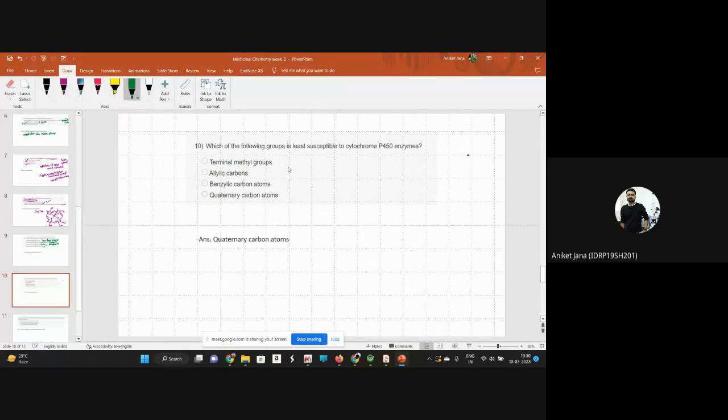Okay, so when a methyl group is terminal, it is sterically very free, in a less hindered condition.